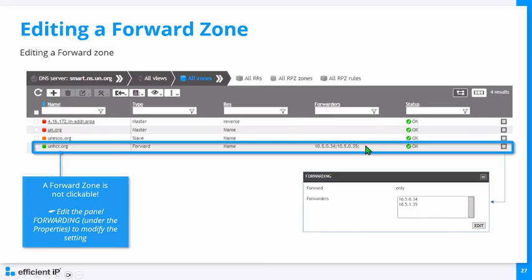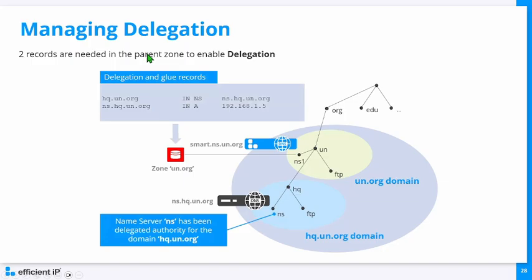Now you can do delegation. Basically, you want to delegate a subdomain to another name server. Let's say, for example, the domain un.org is on server NS1.